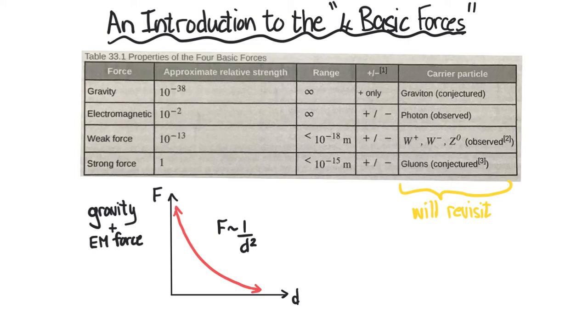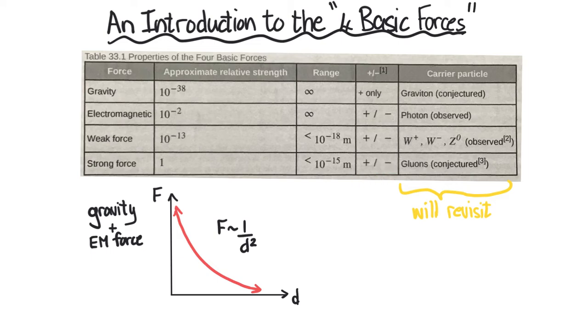There's no repulsive force in order to cancel out the attractive force. And so then one gets a significant force, like for instance the force of attraction between the Earth and the Sun. The electromagnetic force is attractive and repulsive, as is the weak force and the strong force.